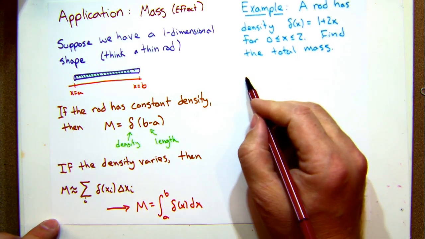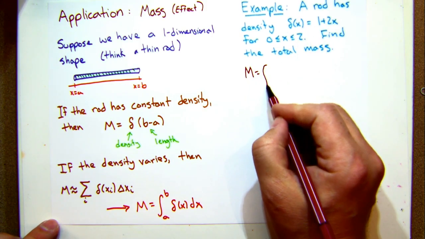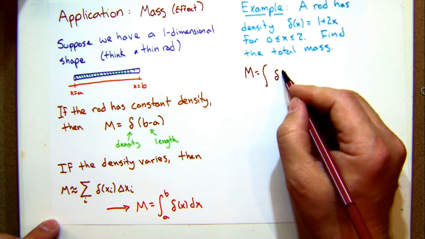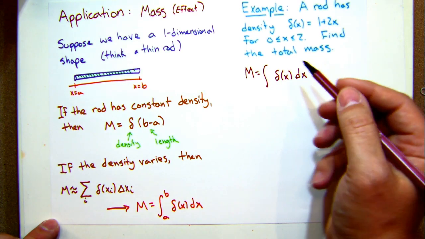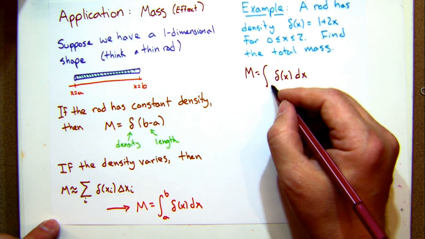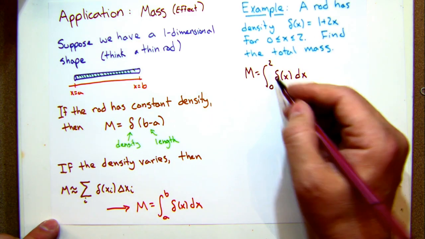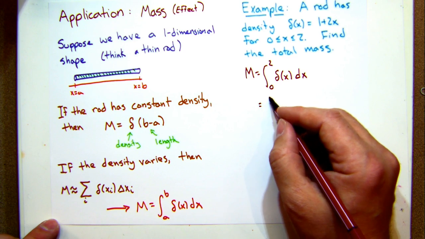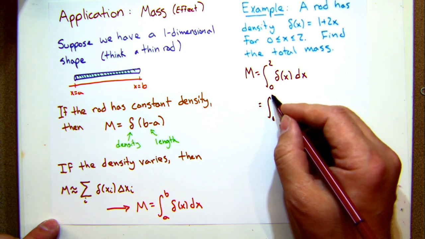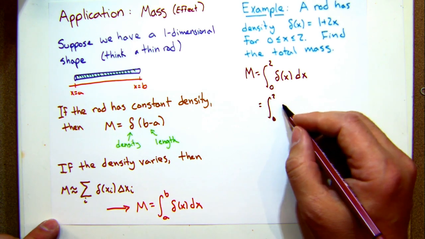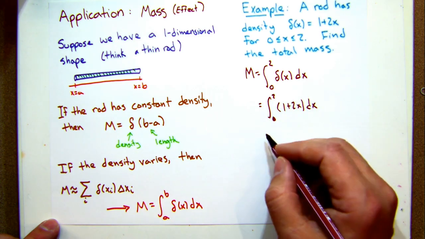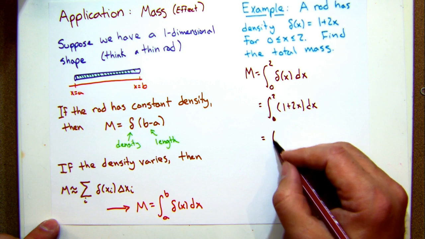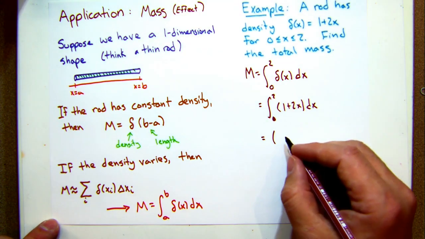Well, because I have my density, and I know that mass is the integral of density, this is going to be a not unreasonable problem. Now my bounds are given to me, 0 to 2. So integrate 0 to 2, 1 plus 2x dx, and we integrate.